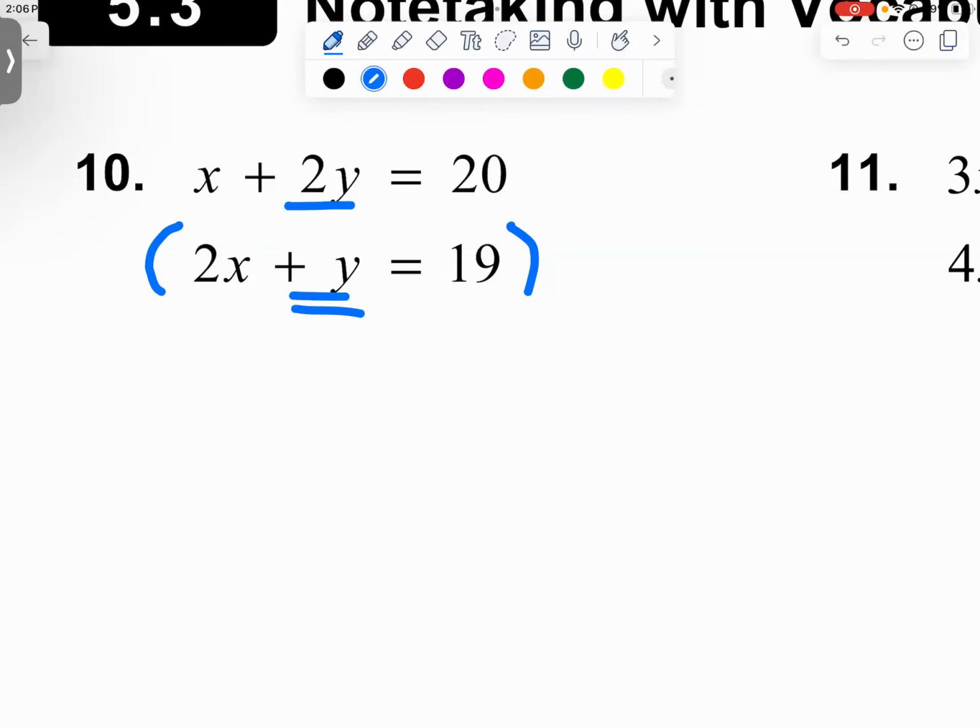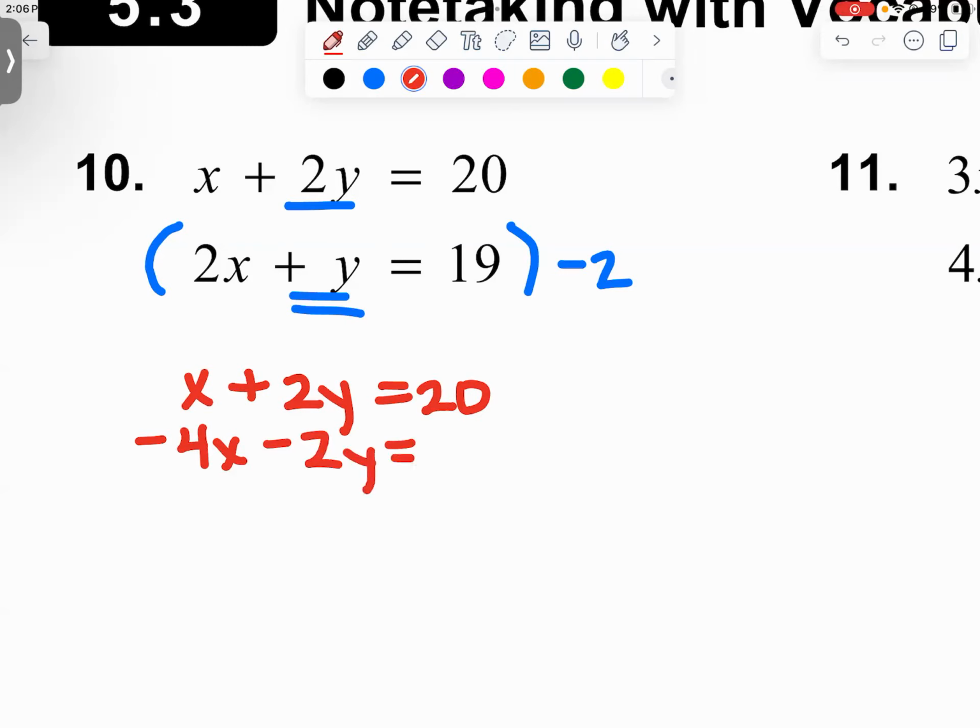So if I wanted it to be -2, what would I need to multiply by? -2. Okay. So our first equation is x plus 2y equals 20. And our second equation is now -4x minus 2y equals -38.